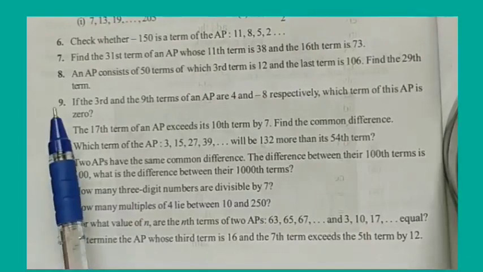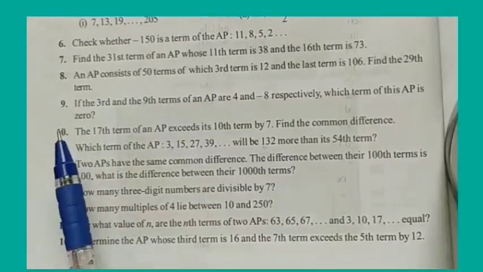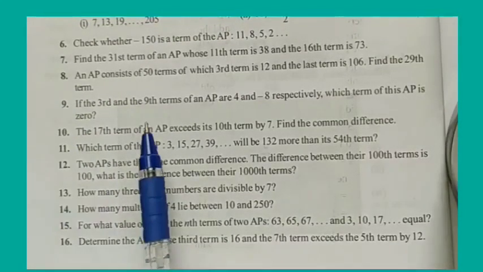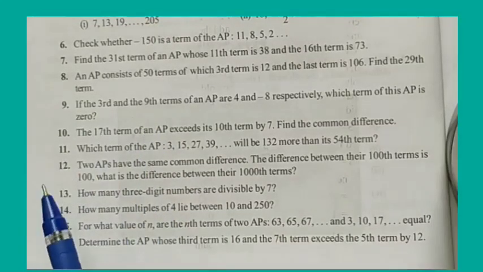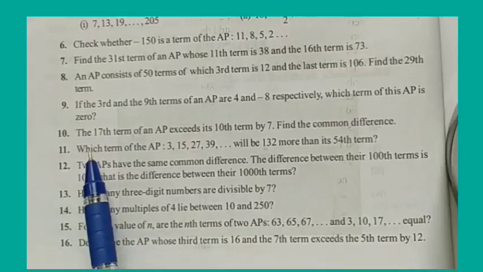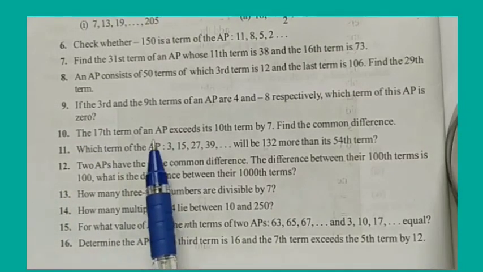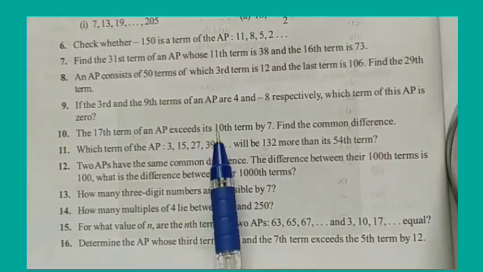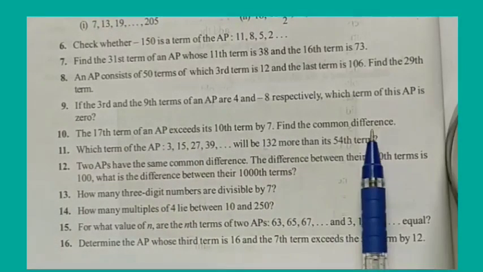Now the 8th and 9th questions are almost similar to the 7th and 6th questions, so try to do them yourself. Now I will directly take the 10th question: the 17th term of an AP exceeds its 10th term by 7. Find the common difference.